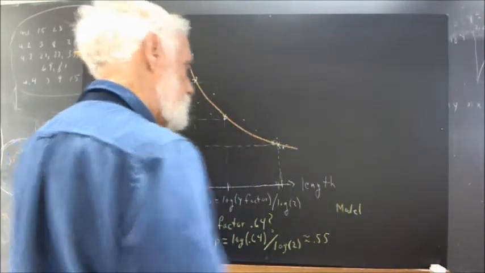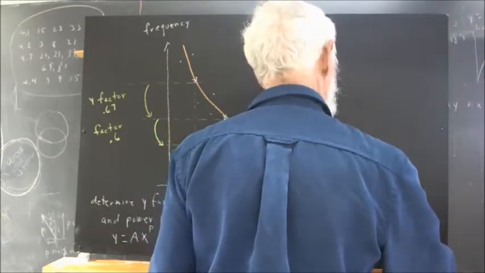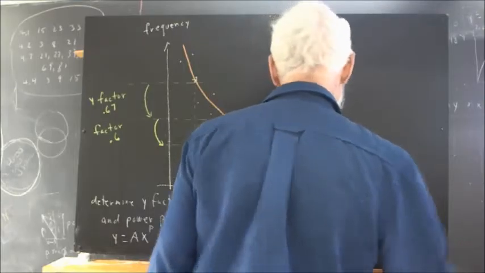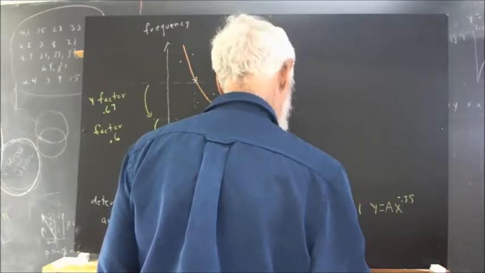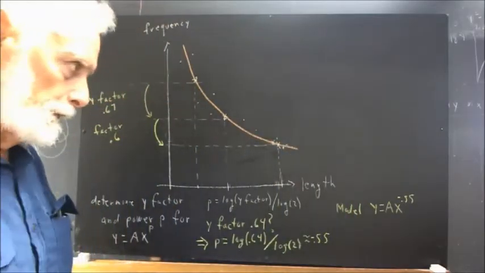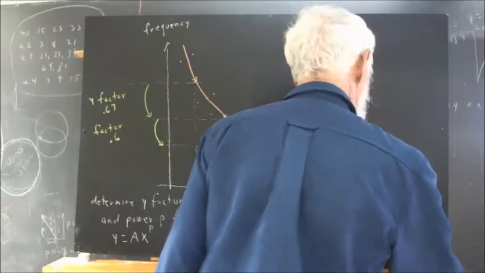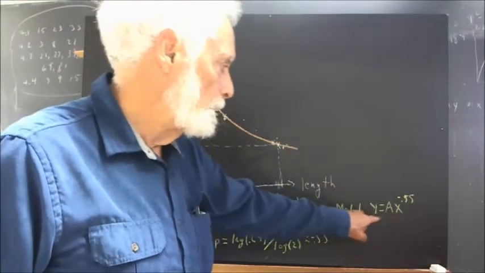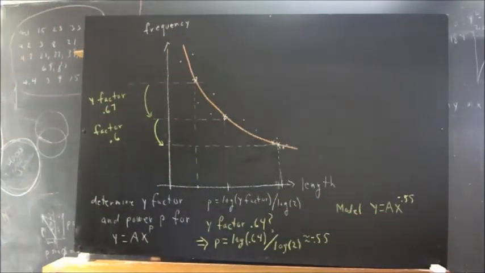Our model should be of the form y equals a x to the 0.55, and actually I got hung up on doing the number, but it should be negative 0.55. Okay, so here's our model. Now if we have one data point, we can determine the value of a, so we get our model function.